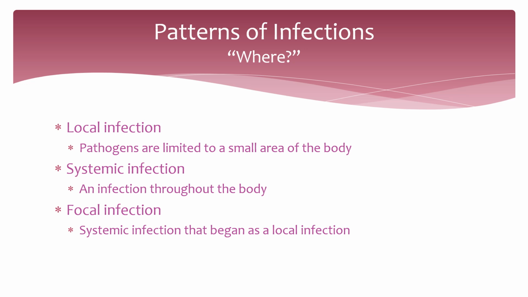And then we have a focal infection. This is where a systemic infection begins as a local infection. And honestly, this is where most infections end up, where they are a local infection and they become a systemic infection. So a focal infection, but they're called something specific.